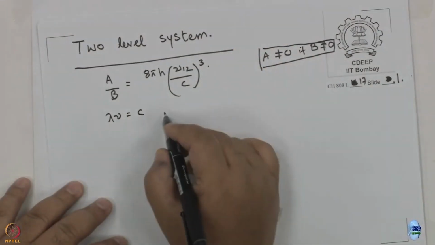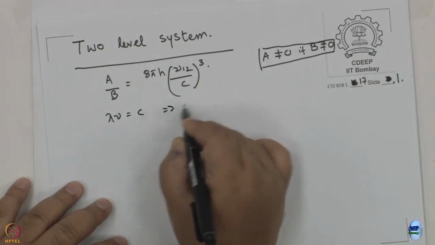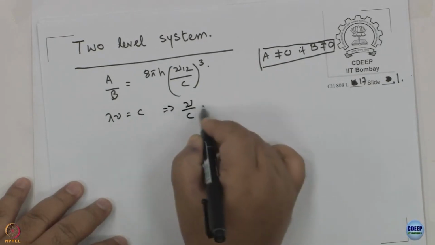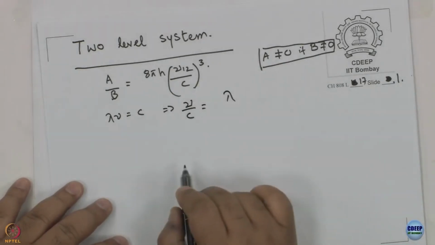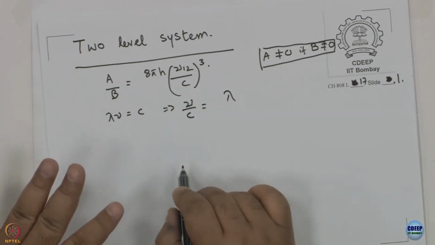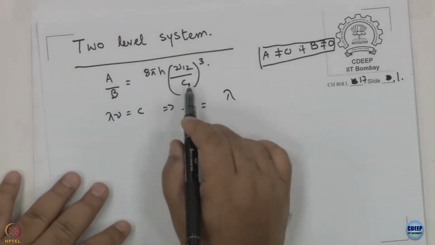Now, before starting, since I already goofed once on the speed of light, I want to eliminate speed of light, and to do that what we will use is lambda nu equal to c, we know that. So, nu by c is equal to lambda. So, we can substitute and write this in terms of lambda.